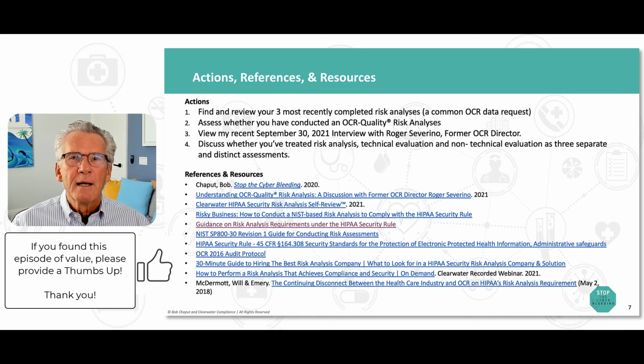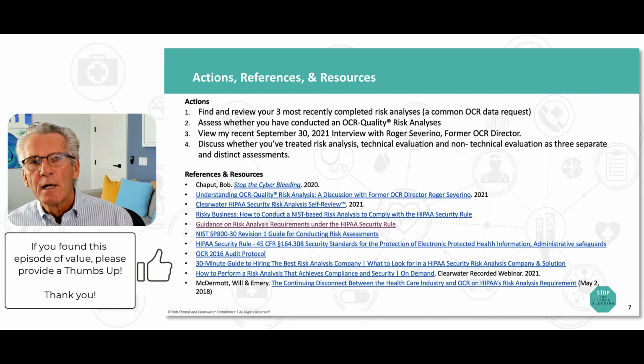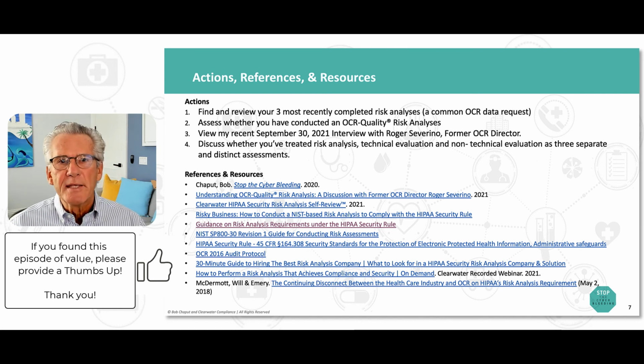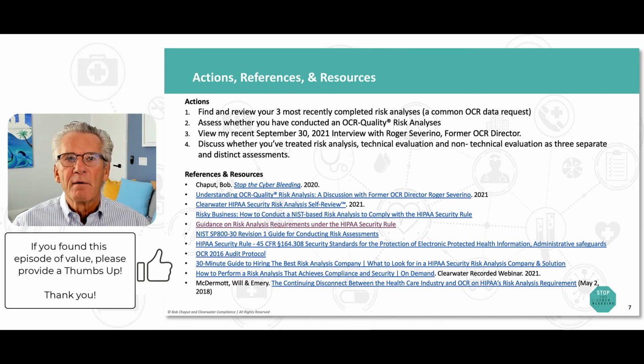Number 1, the basic components of risk: an asset, a threat, and a vulnerability. Number 2, we talked about the mindset of a risk analyst as compared to the mindset of a compliance analyst. And last but not least, number 3, we talked about the 9 essential elements of an OCR quality risk analysis.